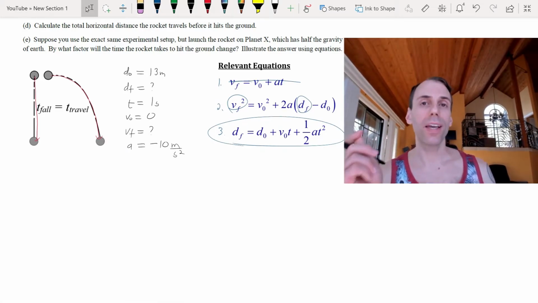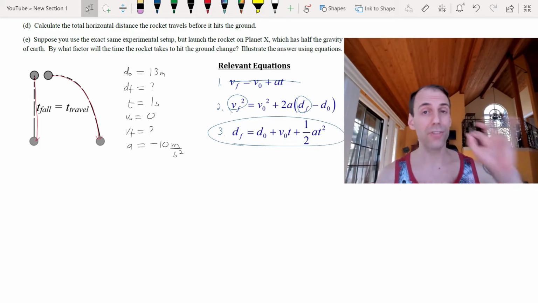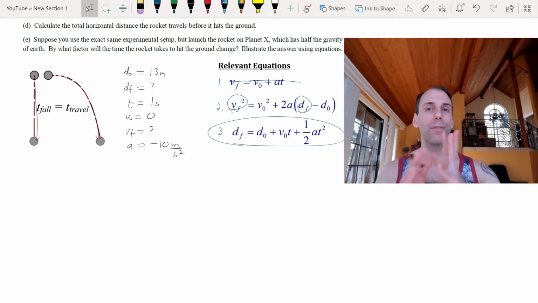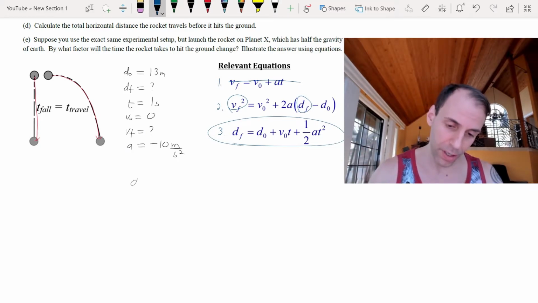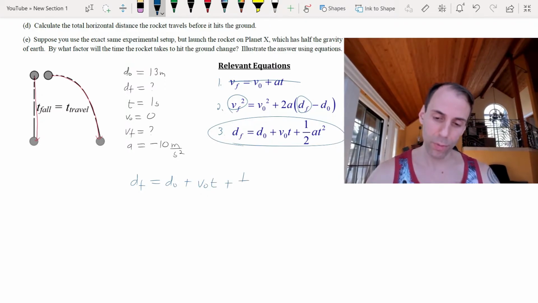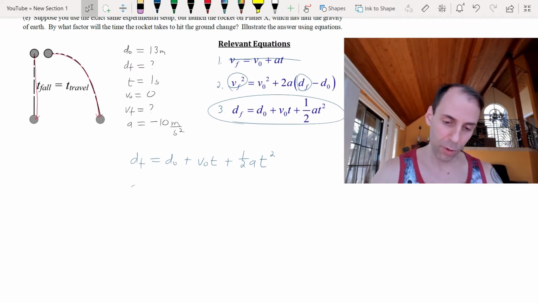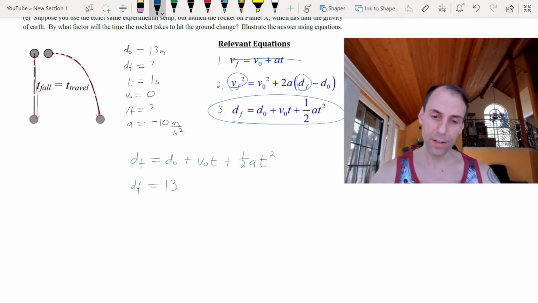One of the things I recommend when you get used to using an equation, especially when you first start using it, is write out the equation in full, then plug in directly underneath it. So, d final equals d initial plus initial velocity times time plus 1/2 times the acceleration times time squared. d final is what we're solving for. d initial is 13.